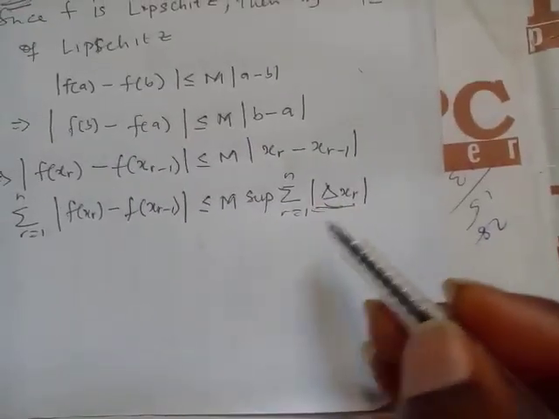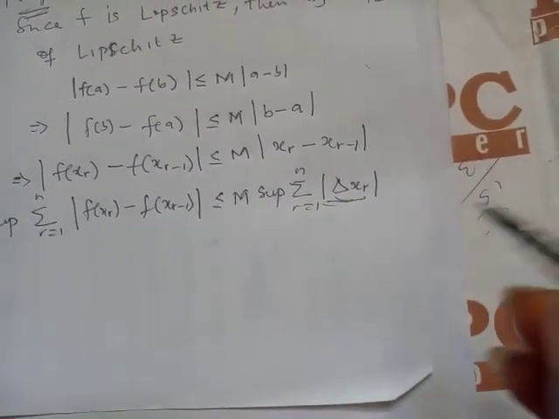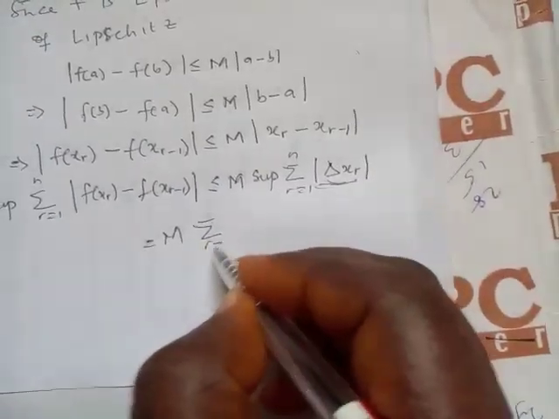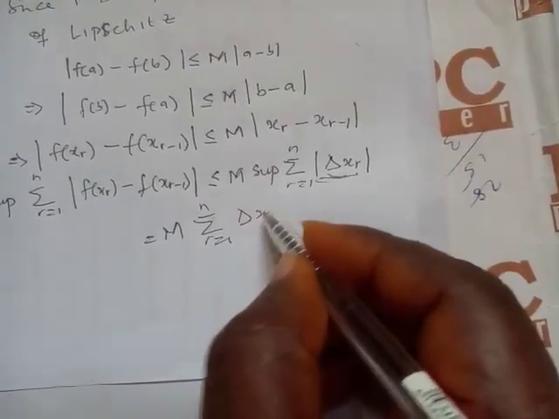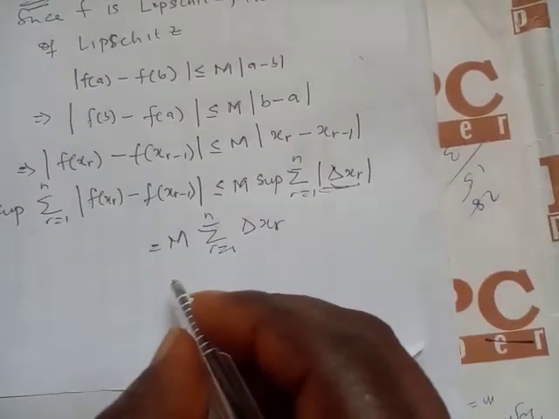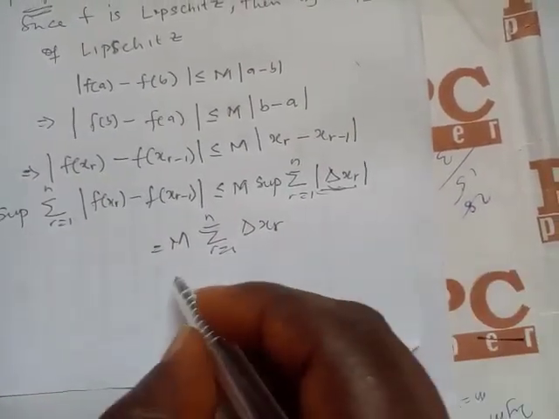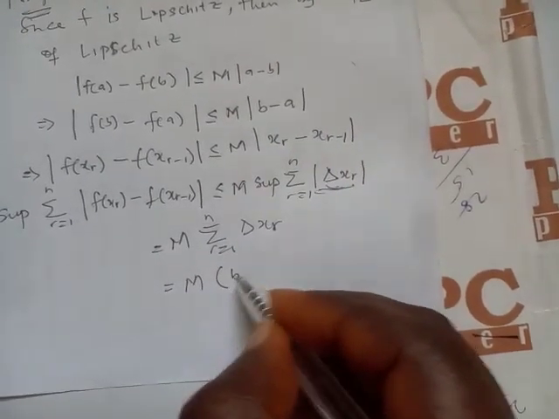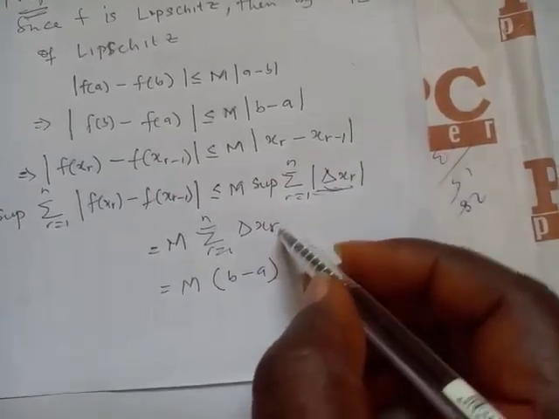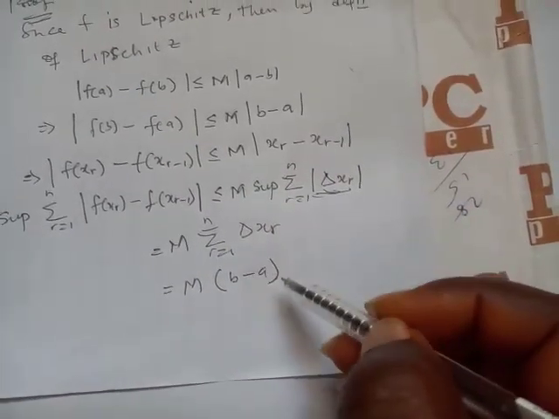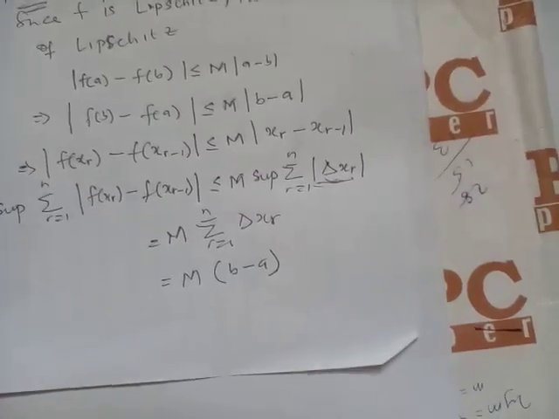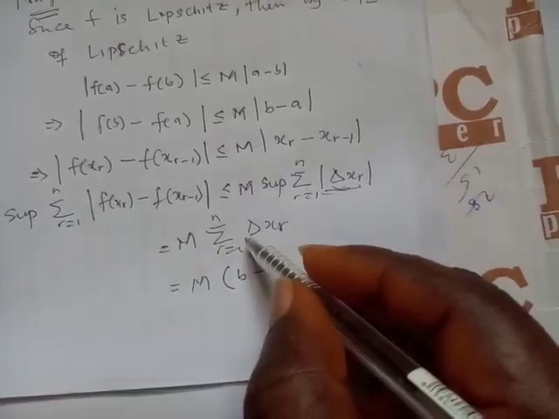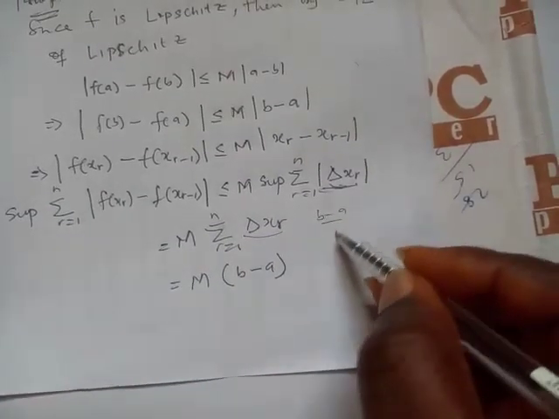So in that case, I can decide to remove the absolute value in that delta because it is positive. So from this place now, we know this one to be b minus a. By the time we substitute these things, we know delta x_r to be (b - a) over n.